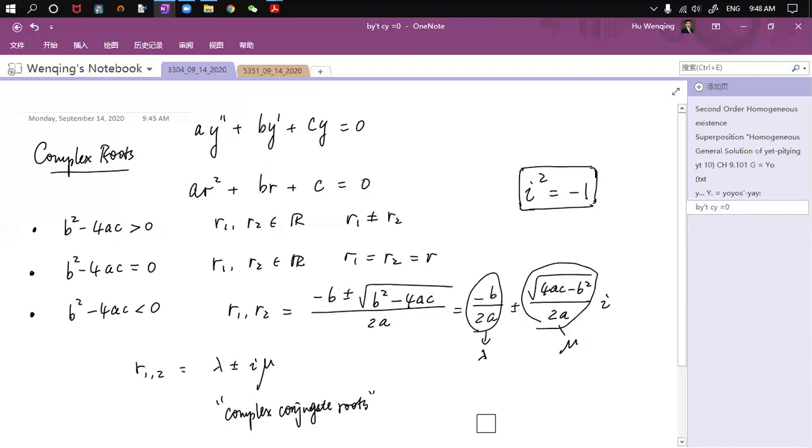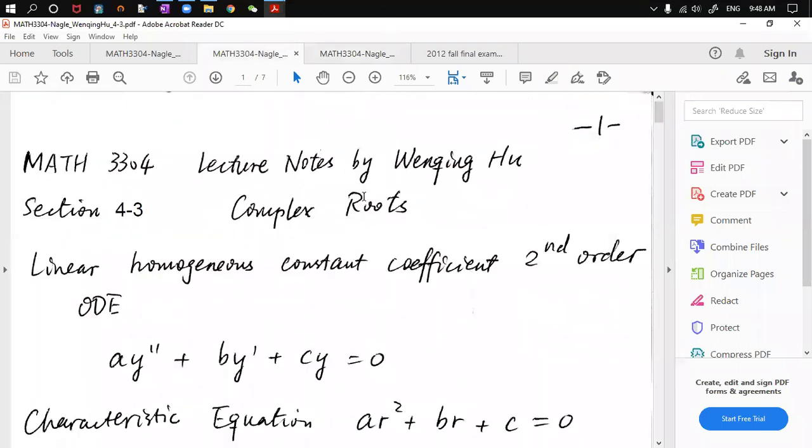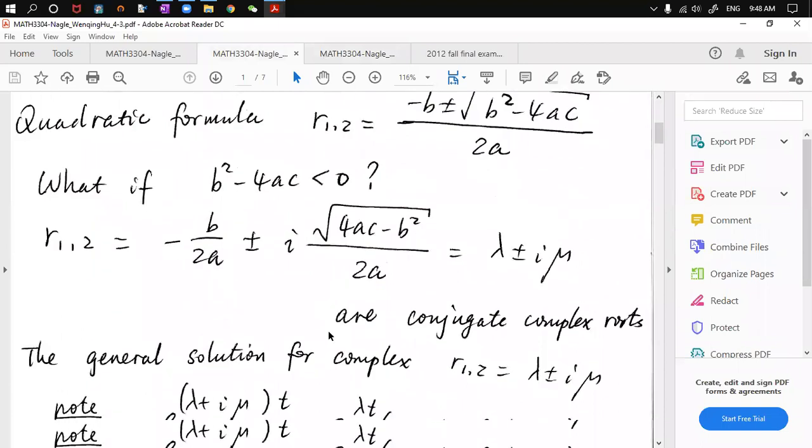So the story won't look like this. How do you find a set of fundamental solutions in the case of complex conjugate roots? That's the problem.